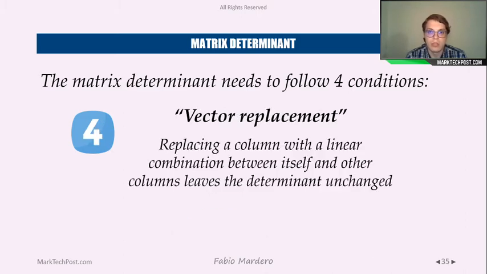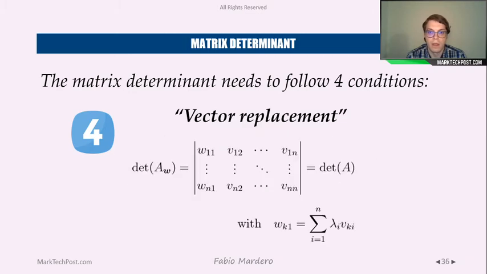The fourth condition that should hold for the determinant function is the vector replacement condition. So if we replace a column with a linear combination between the column we are replacing and the other columns, the determinant doesn't change.